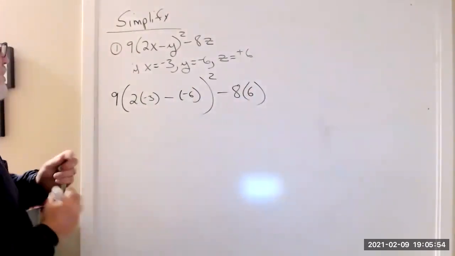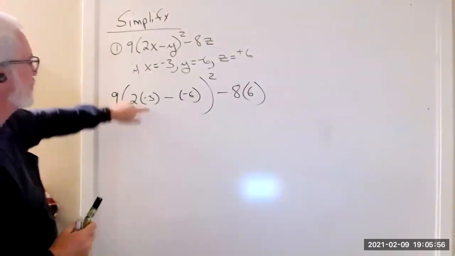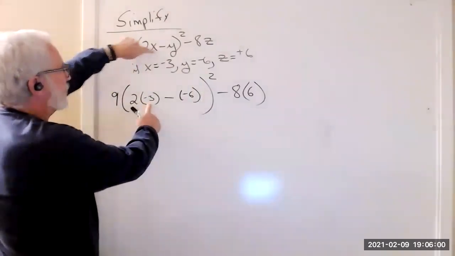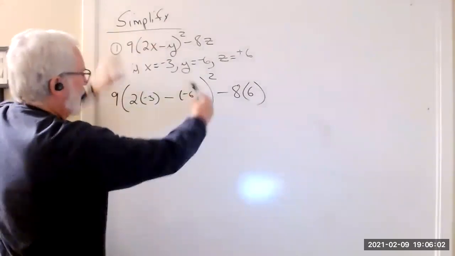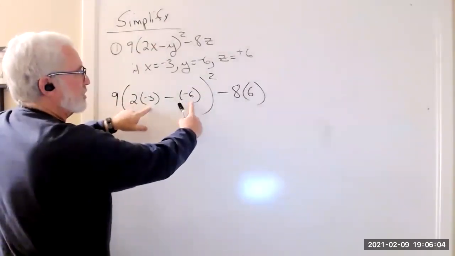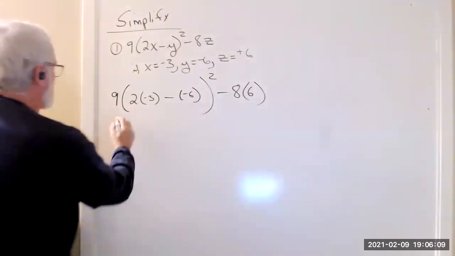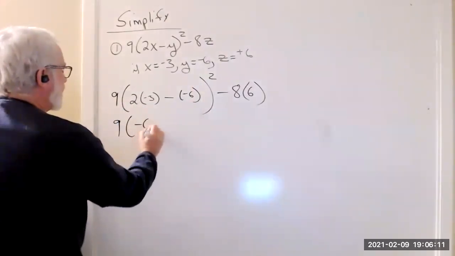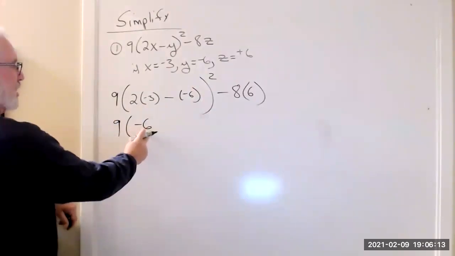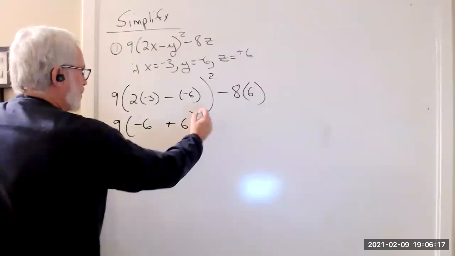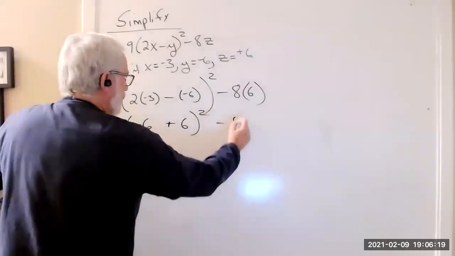Notice how every time I use a substitution in place of the variable, x was -3, y was -6, I always use parentheses there. So this is 9 parentheses, and this is -6 here. Minus minus becomes +6, quantity squared, minus 48.